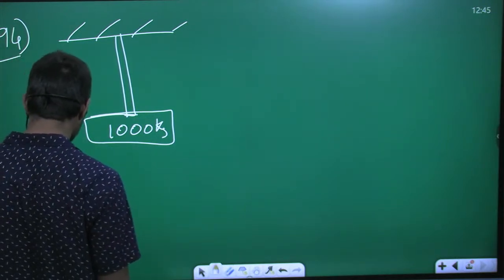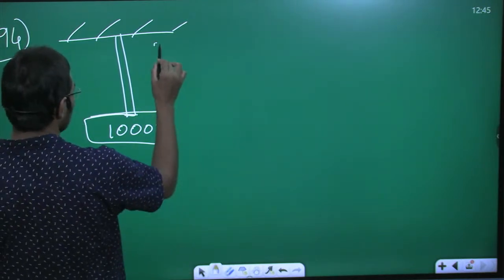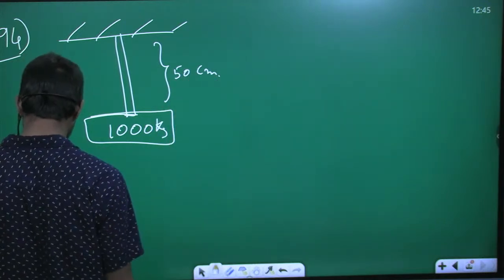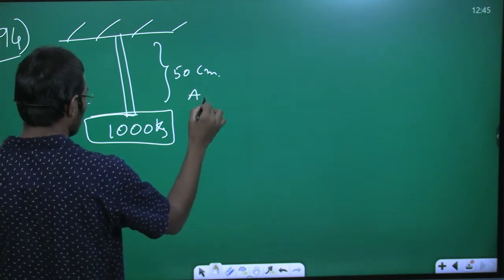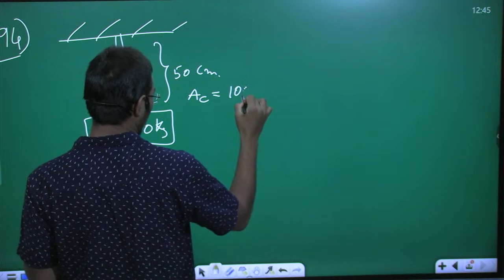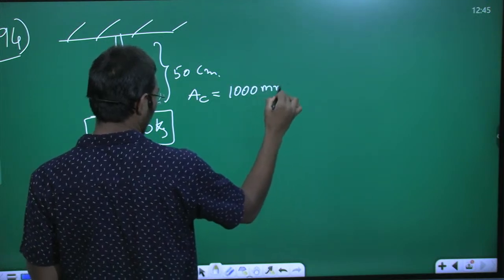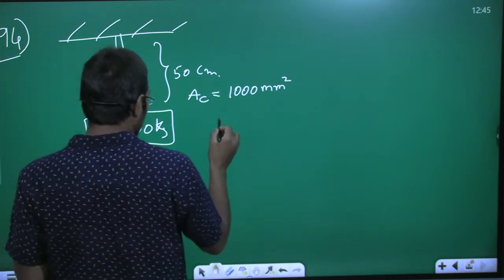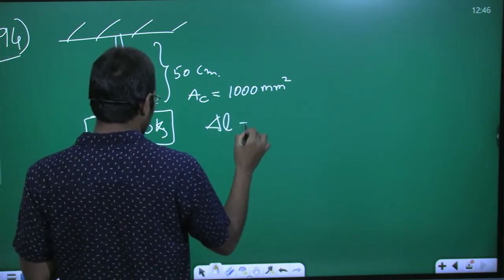The length of the rod is 50 centimeters and its cross sectional area is 1000 mm square. Find the change in length of the rod due to the weight attached.